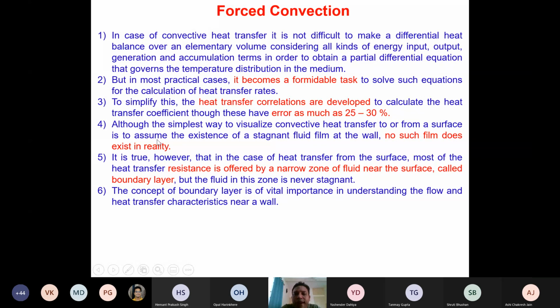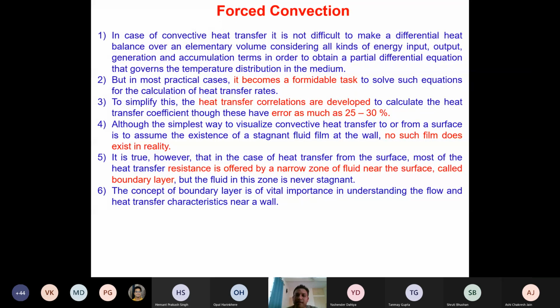Now another important thing is, although the simple way to visualize convective heat transfer to or from a surface is to assume the existence of a stagnant film at the wall, no such film exists in reality.